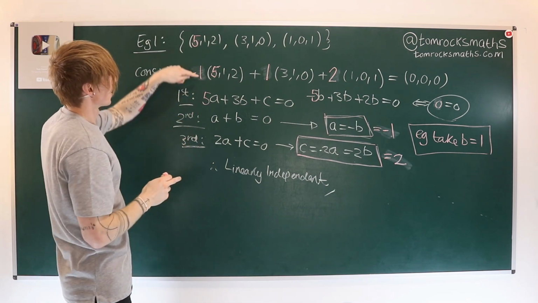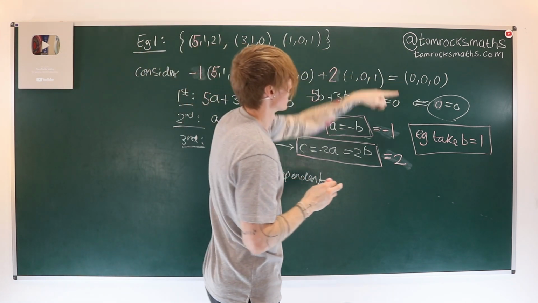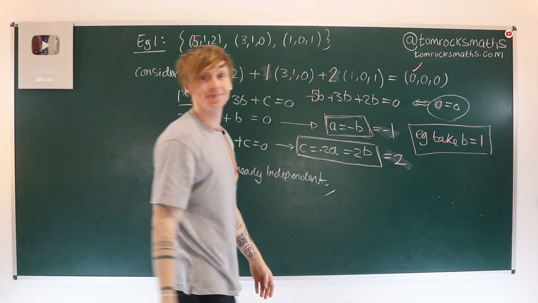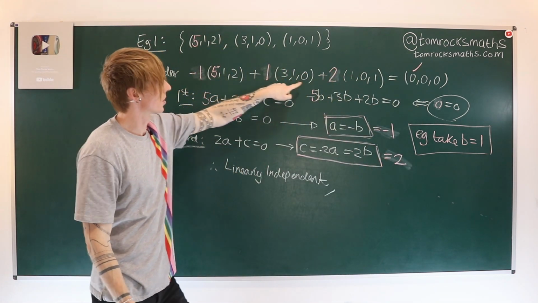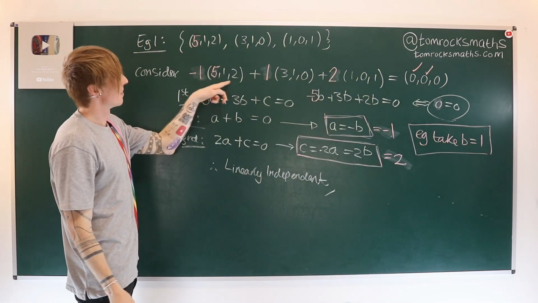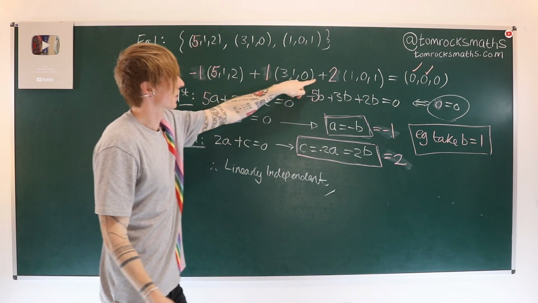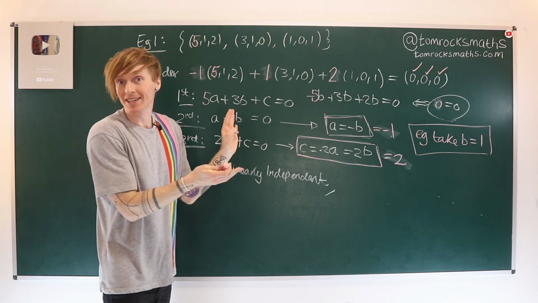So what have we got? We've got minus 5 plus 3 plus 2 is 0. That works. We've got minus 1 plus 0. That's also 0. And we've got minus 2 plus 0 plus 2 is also 0. So we do have a valid solution.